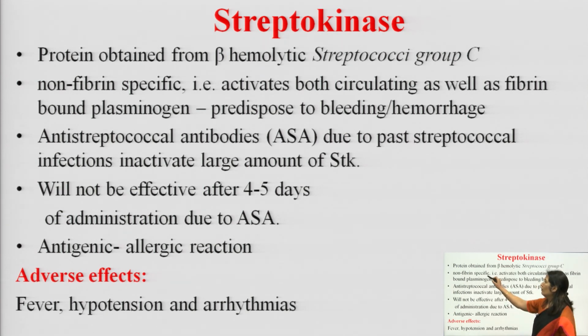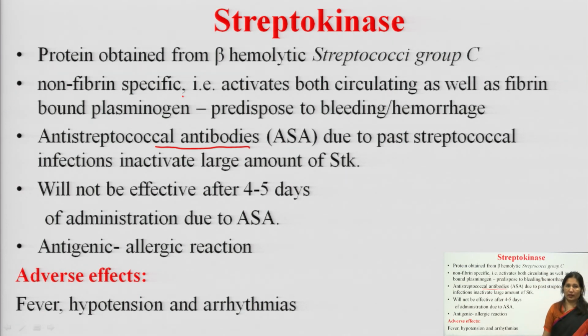So, it activates both circulating as well as fibrin-bound plasminogen. So, it may lead to bleeding or hemorrhage. One other disadvantage with streptokinase is the development of anti-streptococcal antibodies.